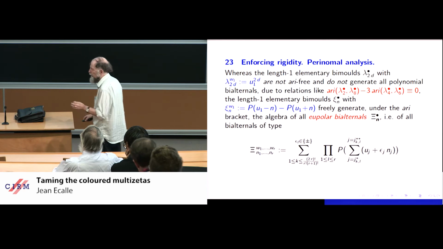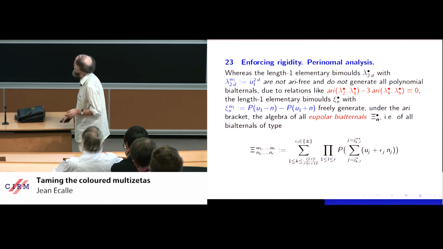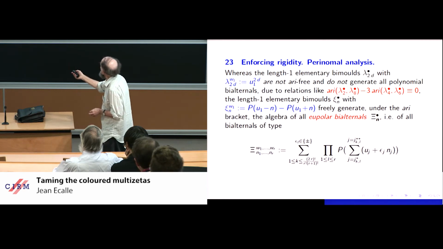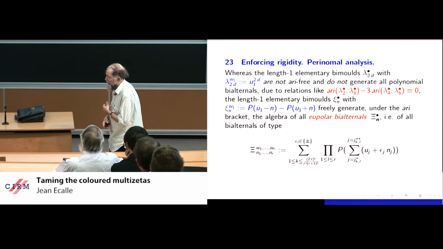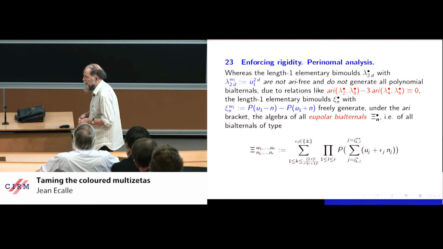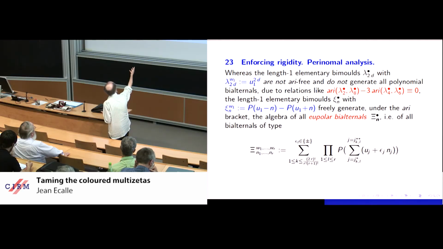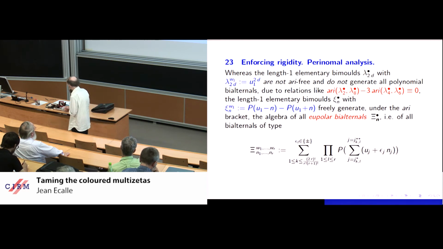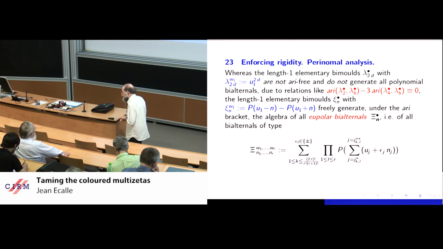But if you go to polar functions with simple poles, if you start from these, then both difficulties vanish. They are free, and they freely generate a certain algebra of multipolar functions, which is exactly the algebra which you need, which you require.